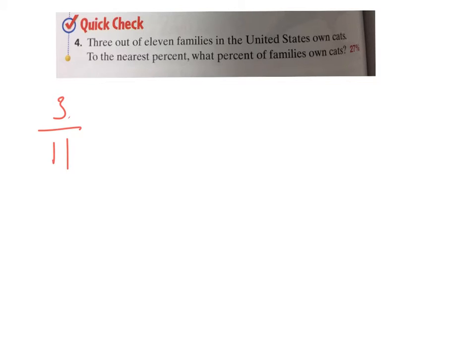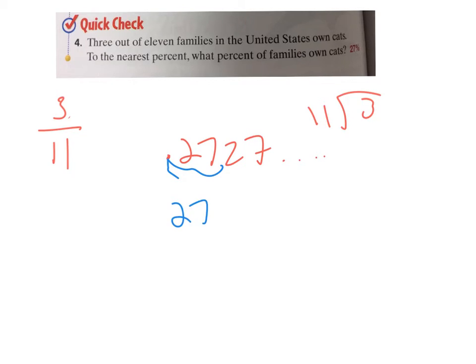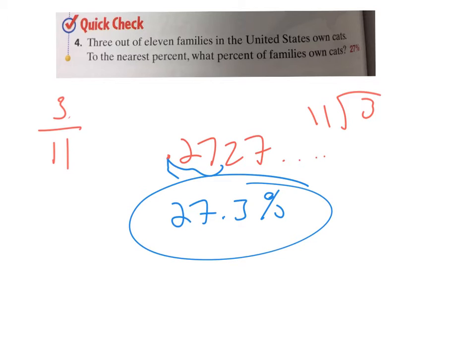So you're going to take that 3 and divide it by 11. And that's going to give you 0.2727, forever, never ending, right? It's repeating. So, again, we were writing that as a percent. So, 2 to the right, that becomes 27 point, you could say about 3, if you're going to round it, percent. There you go.